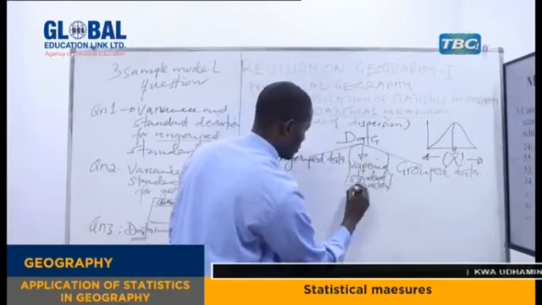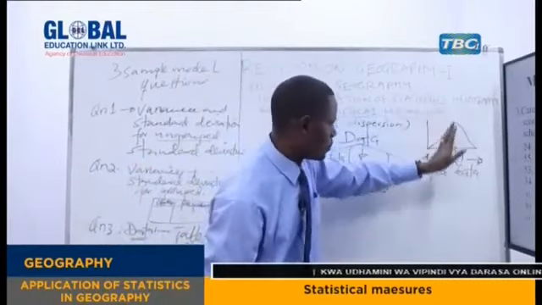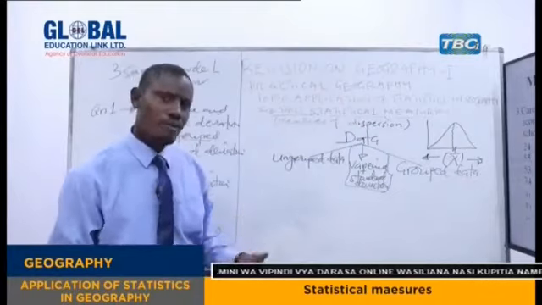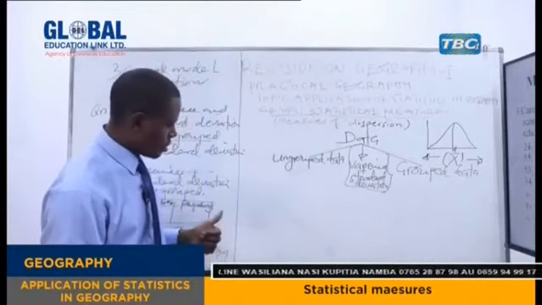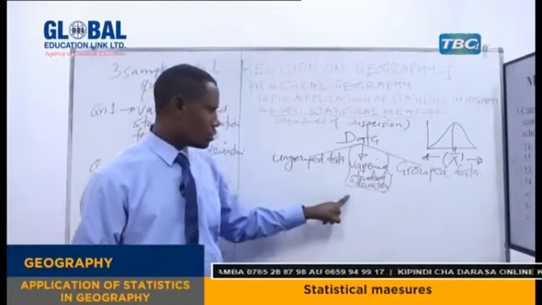Those are the center of our questions. We're talking about the measure which will show us how the data are distributed along the mean. So I just want to have a general revision which will guide us so that we can proceed.